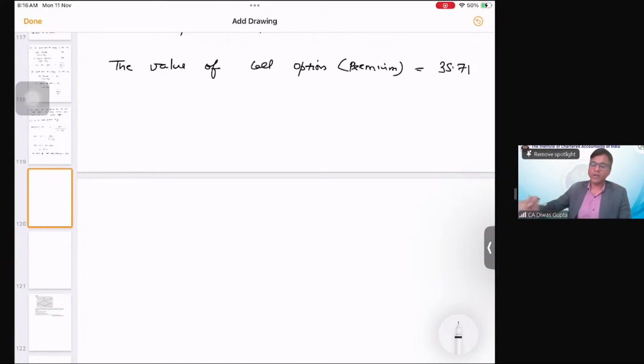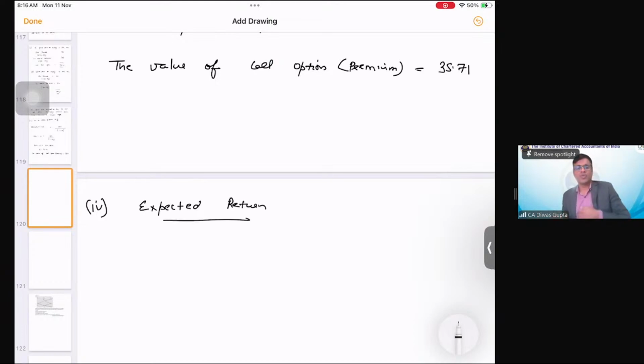See, return you will calculate on an investment. For that, you need to know what is the investment value. Can anyone tell me what should be the investment value of an option on which I should calculate the expected return?